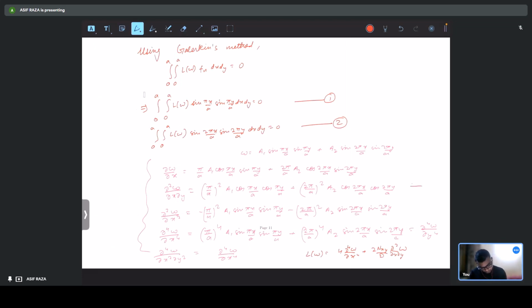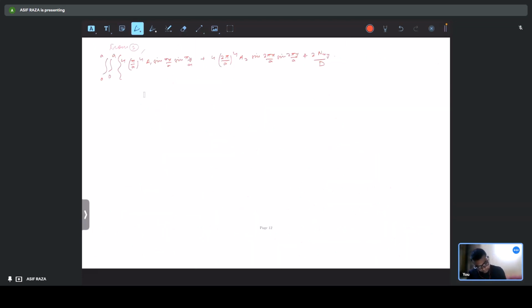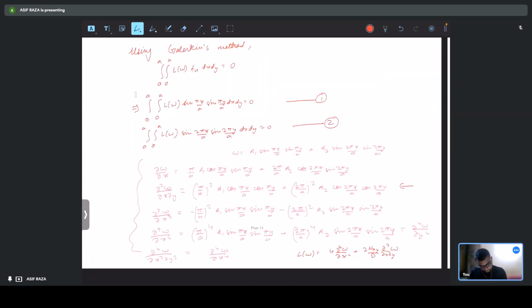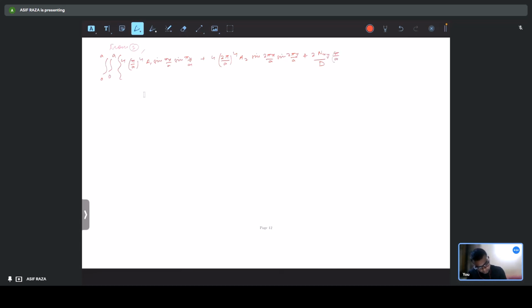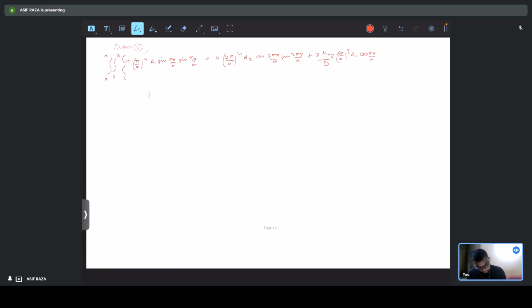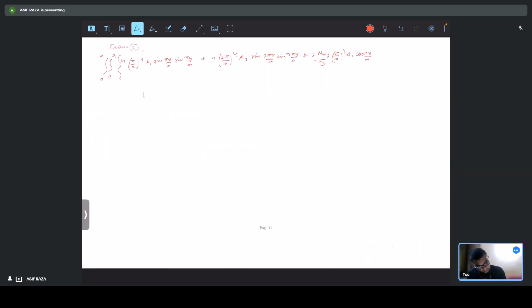So this one, this is equal to (pi by a) whole square a1 cos(pi x by a) cos(pi y by a).